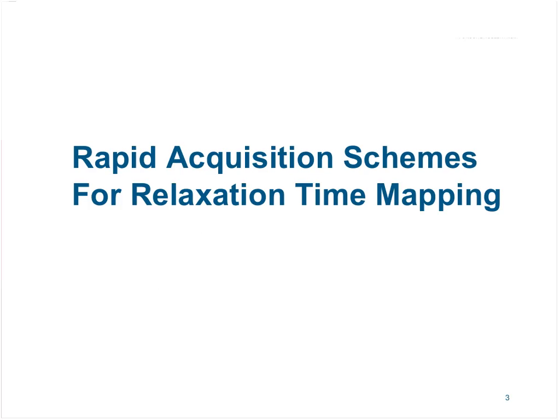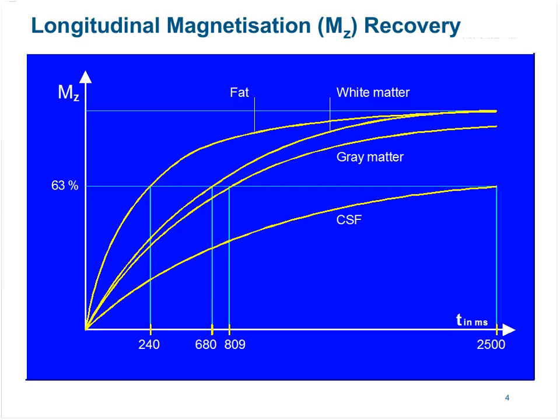So in the first part, let's first look at the longitudinal magnetization recovery. On the y-axis, the z component of the magnetization is shown, and with time, let's suppose the magnetization is inverted, so with time it tends to behave like an exponential curve.